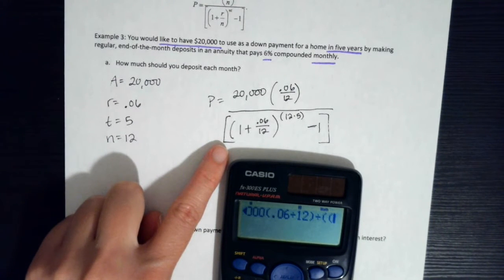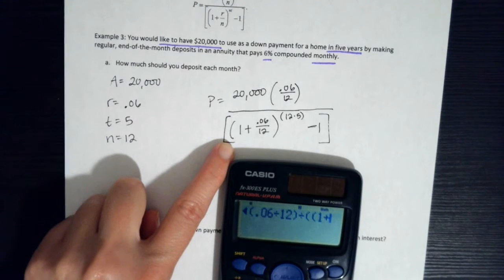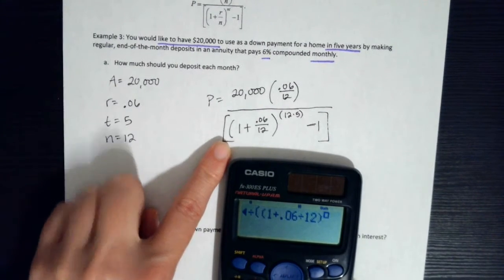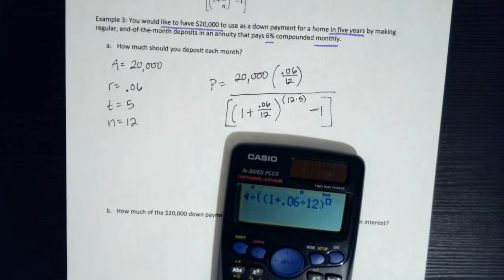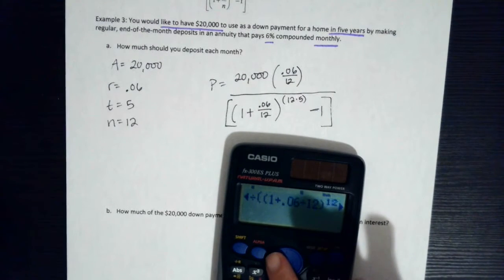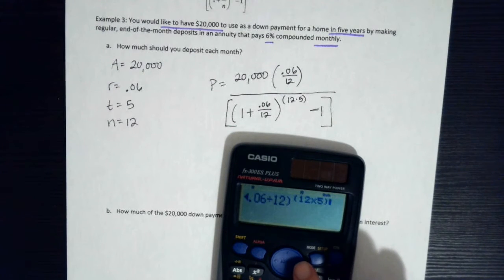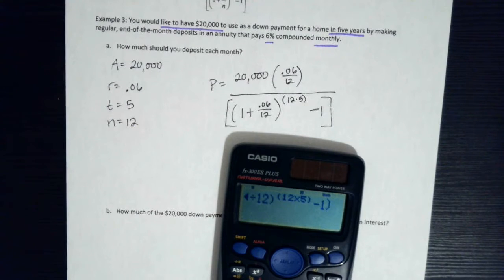So open, open, 1 plus 0.06 divided by 12, close, go up into the exponent. If you've got a TI, use your little caret button. 12 times 5, close those parentheses. Go back and make sure I open those, sorry. And then make sure you come out of the exponent if you've got this Casio to do your minus 1, and close that one for this little bracket right here, and then push enter.